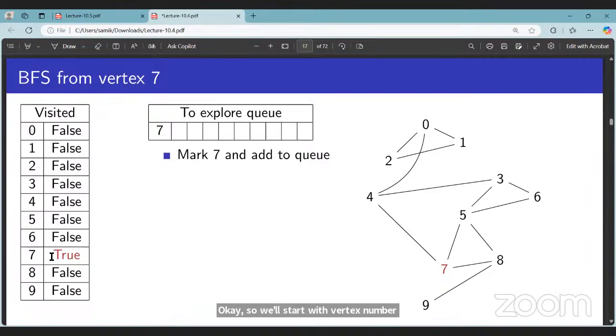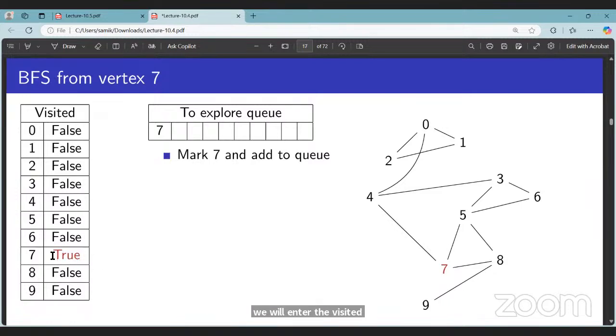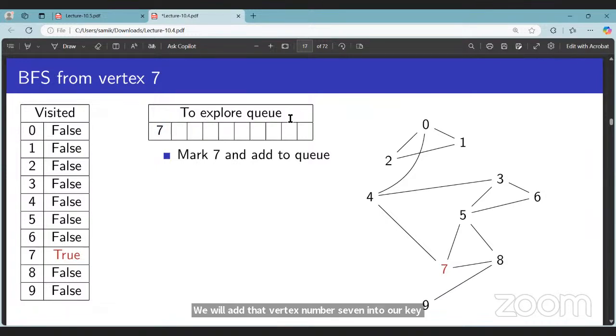Initially, we change the visited status of vertex number 7 from false to true, and then we add vertex number 7 into our queue. Again, we add into our queue all those vertices which we want to explore.